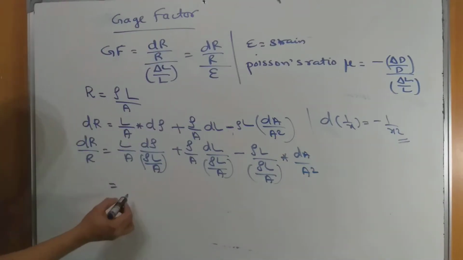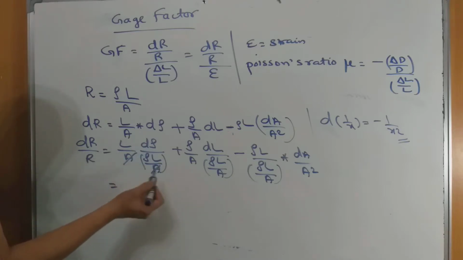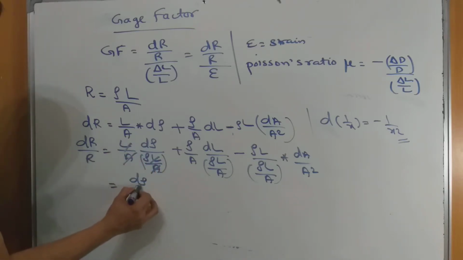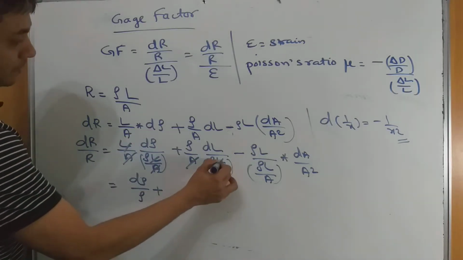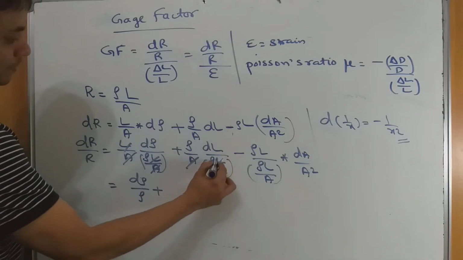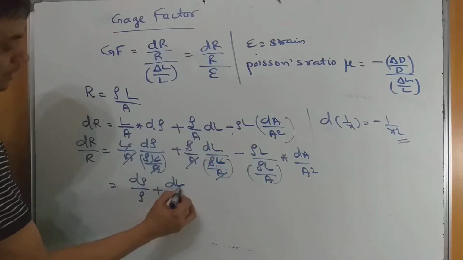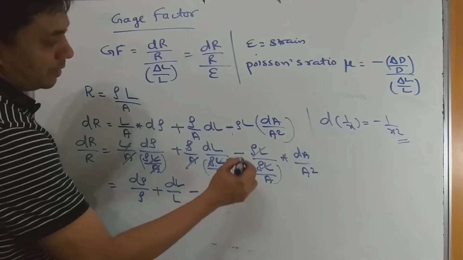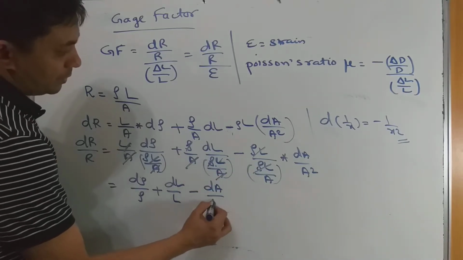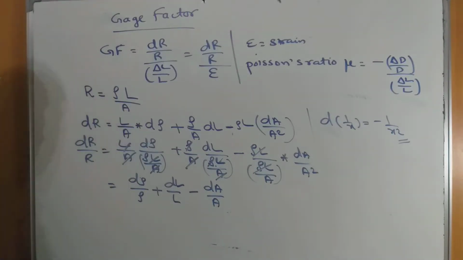What is going to happen now? These terms will be cancelled. We end up with d rho by rho plus dL by L minus dA divided by A.